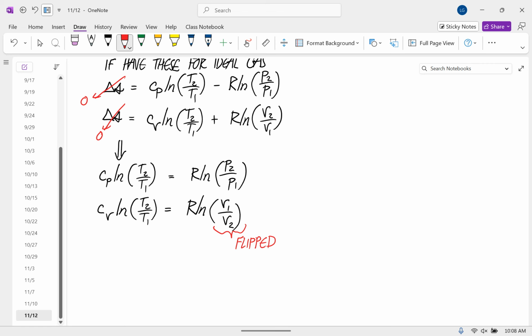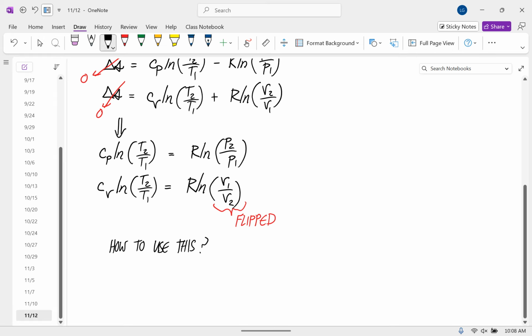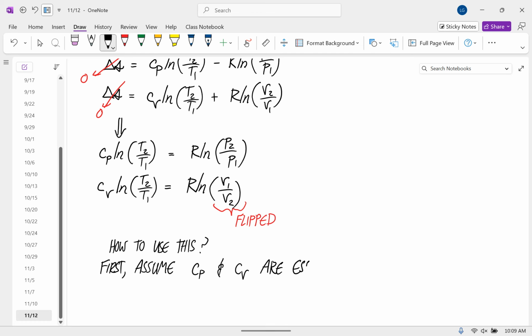Okay. Now what you want to do from there, you kind of have some different options. So how are we going to use this? First, let's assume that Cp and Cv are essentially constant.